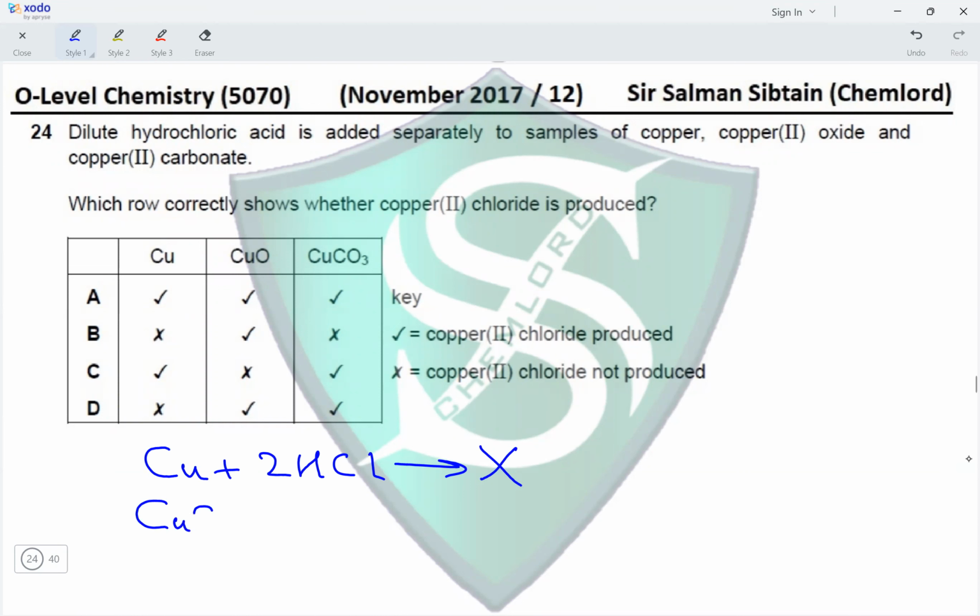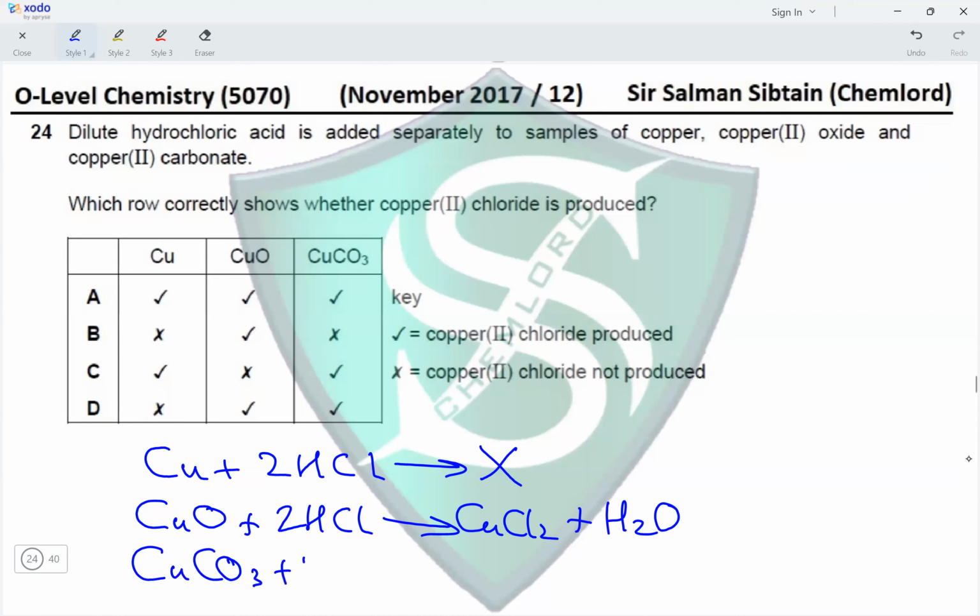Copper oxide reacts with HCl producing copper chloride and water, and copper carbonate, CuCO3, reacts with HCl producing copper chloride, releasing CO2 gas and also producing water. So only copper will not react while the other two will react.